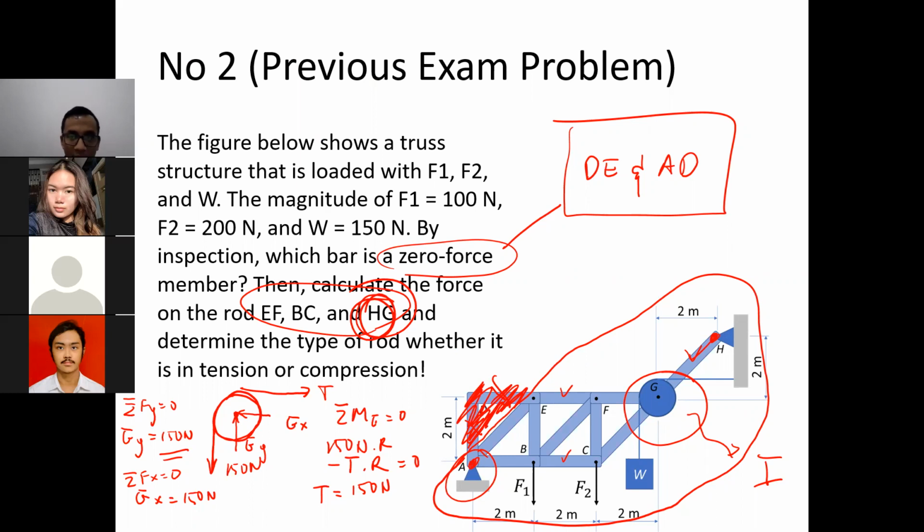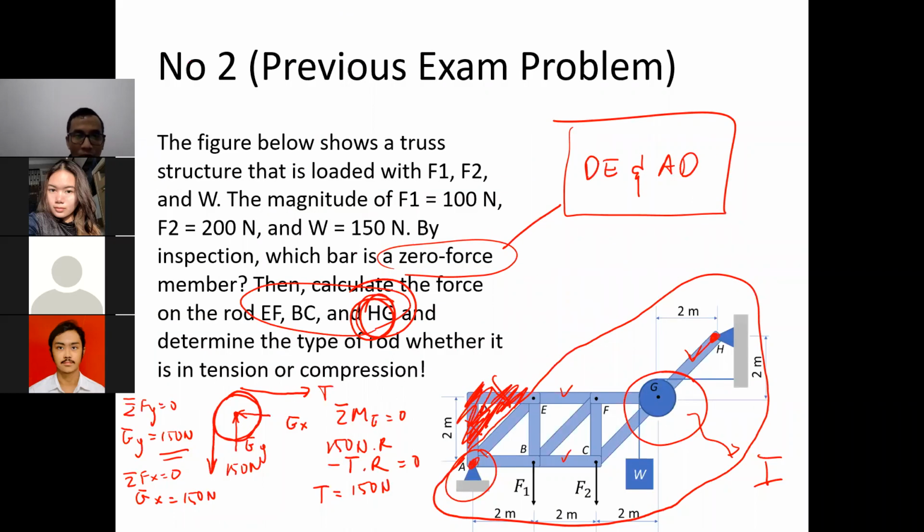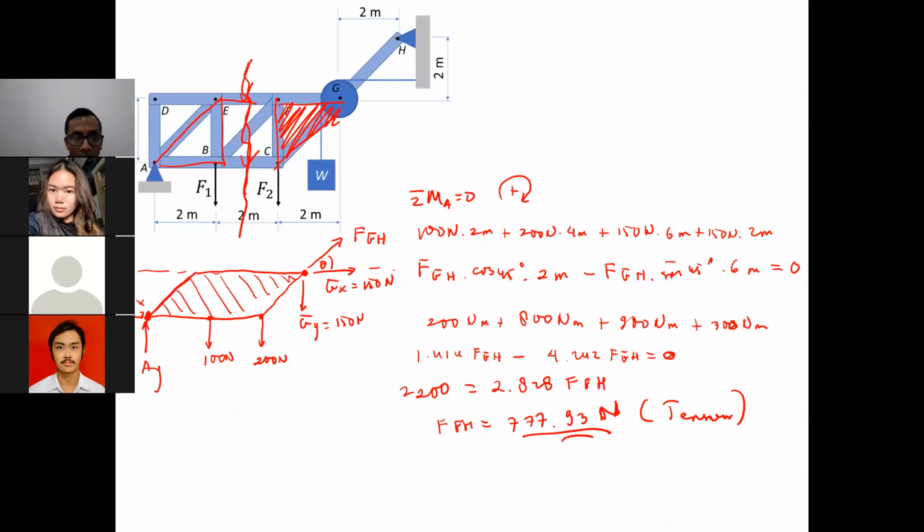If there is a pulley and the radius is not yet known, then you have to move the force happening at the pulley to the joint. Like just now, we moved everything that is happening at the pulley to joint G, GX, GY here.